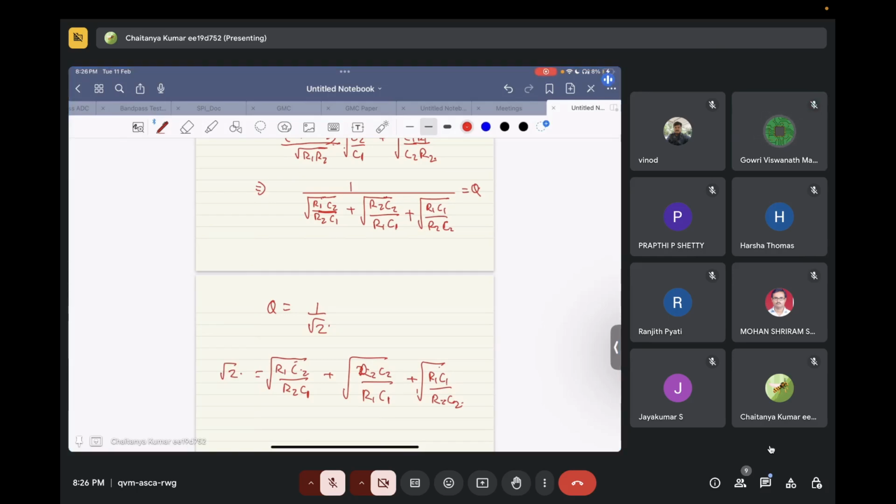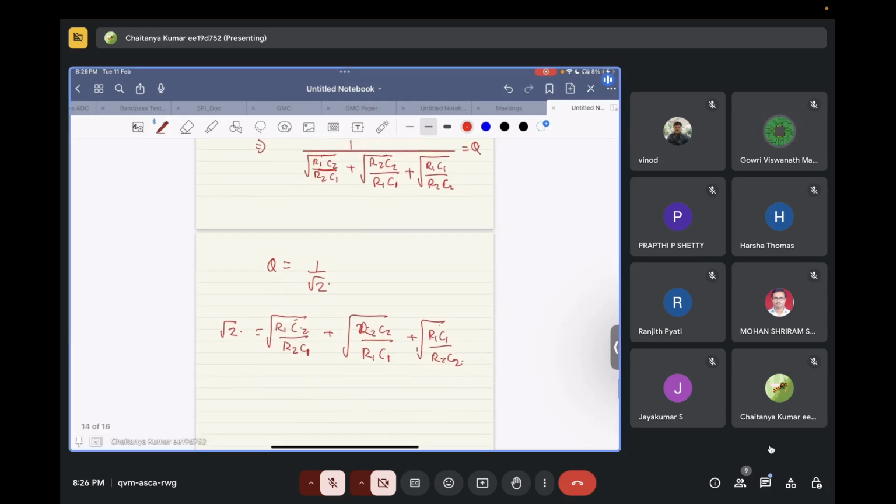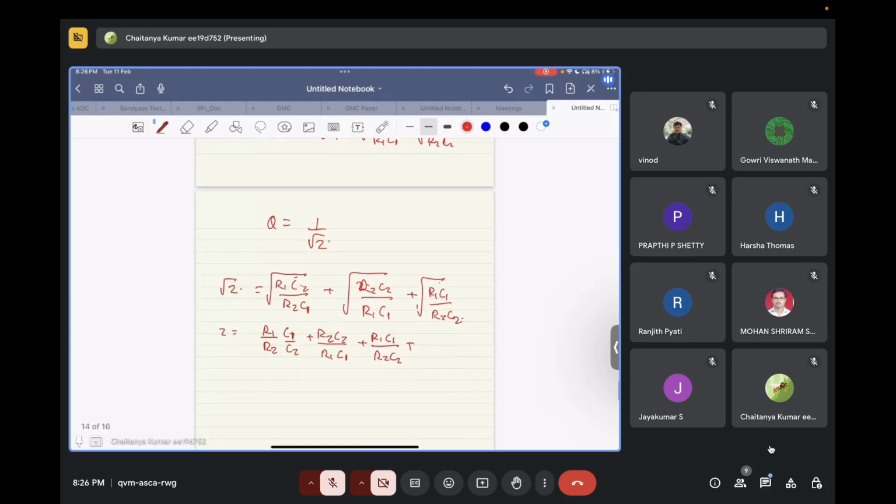Yes. Okay, so let's try to open this up. So what we get is 2 is equal to R1 C2 by R2 C1 plus R2 C2 by R1 C1 plus R1 C1 by R2 C2 plus 2 times these cross factors, right? So multiplication of these two will give 1.